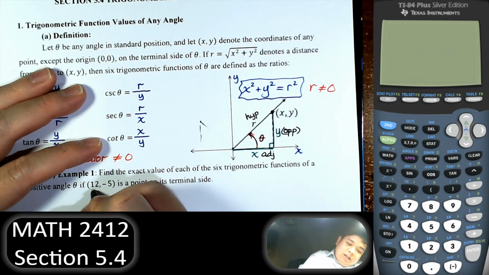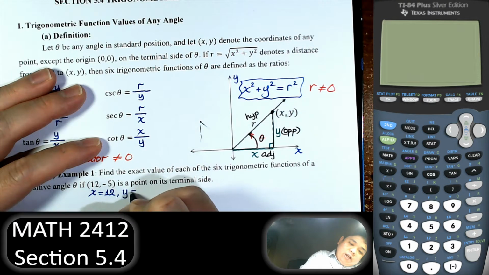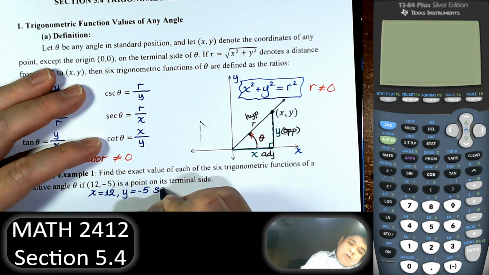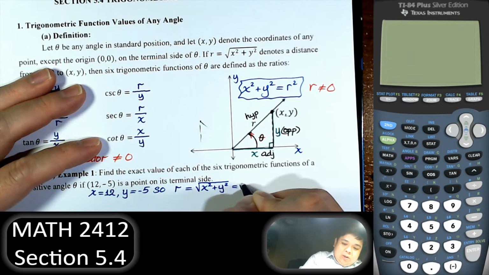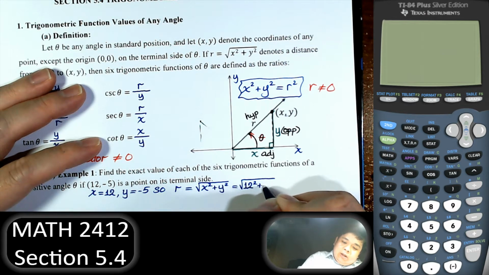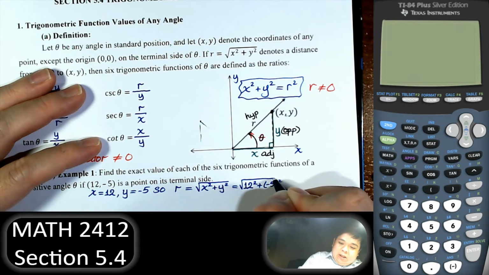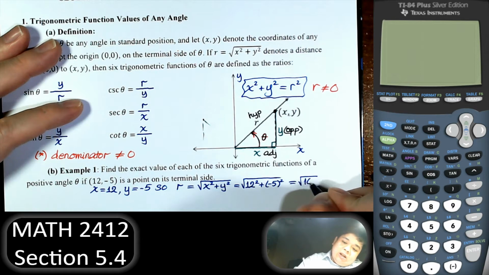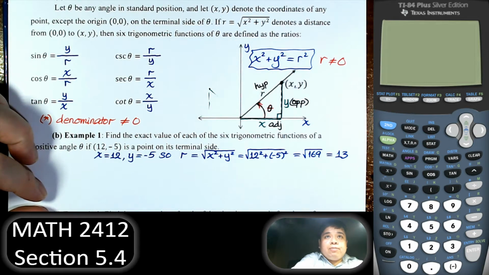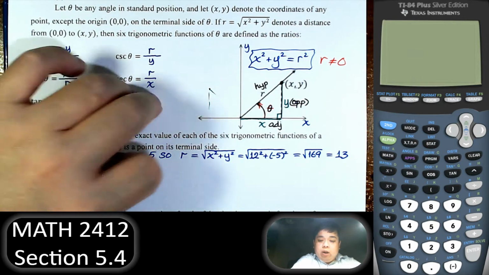We have x equal to 12, y equal to negative 5, so r equal to the square root of x squared plus y squared, so the square root of 12 squared plus negative 5 squared, and that will give us the square root of 169, which is 13. So we have x, we have y, we have r.